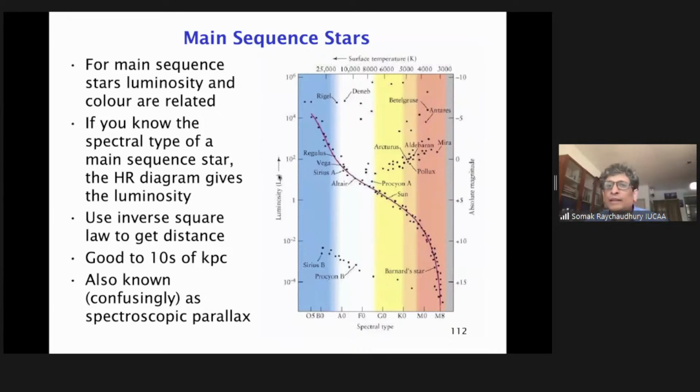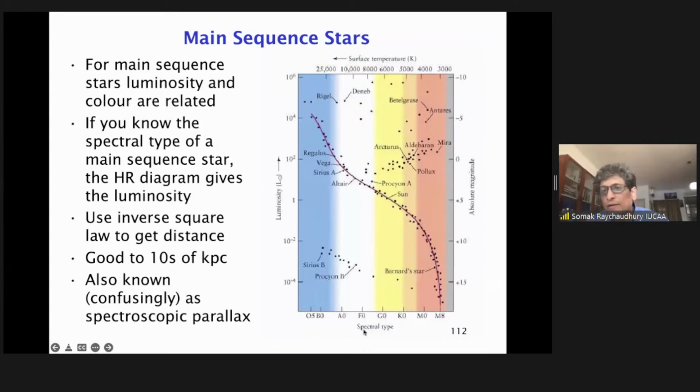But you know that in what is known as the Hertzsprung-Russell diagram, all stars in our galaxy can be put on this kind of a diagram, in which the y-axis is the luminosity, which is the actual total amount of radiation that comes out of the star in units of watts, in units of ergs or joules per second. And so that's this, and you can see this is a log plot.